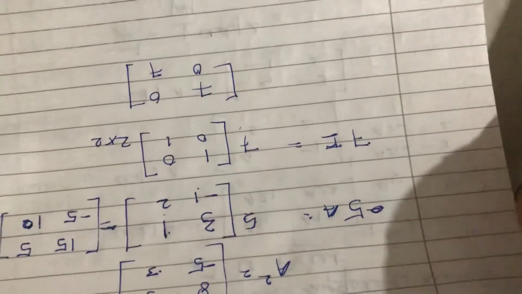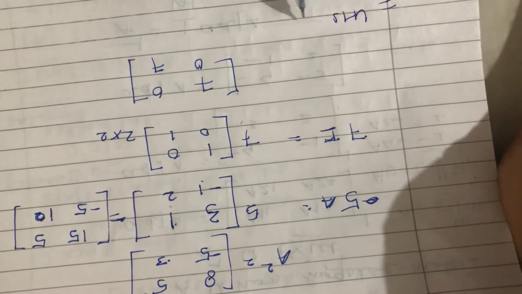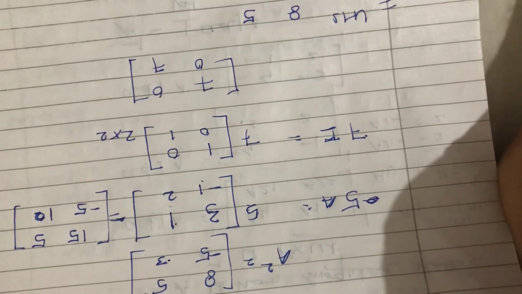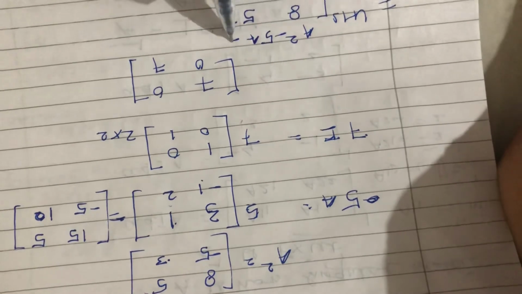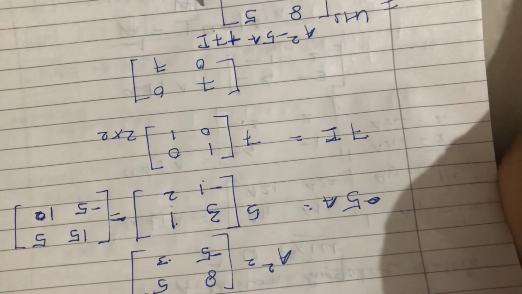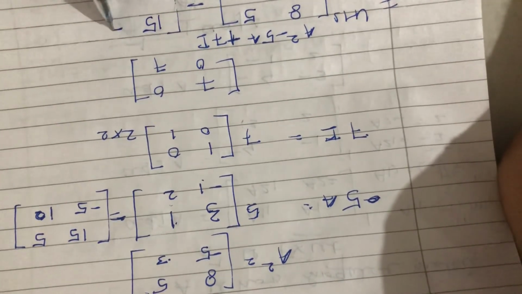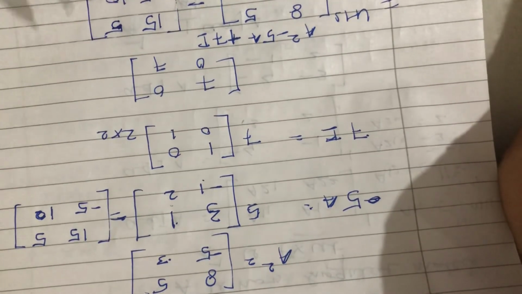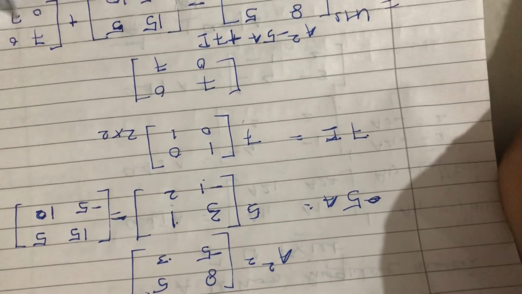Clear? Then substitute all this in the given relation left hand side. It is A square. A square we have 8, 5, minus 5 and 3. A square minus 5A plus 7I. We will substitute all the values. With the minus of 5A, we have 15, 5, minus 5, 10, correct, and with the plus of 7I, it is 7, 0, 0, 7.